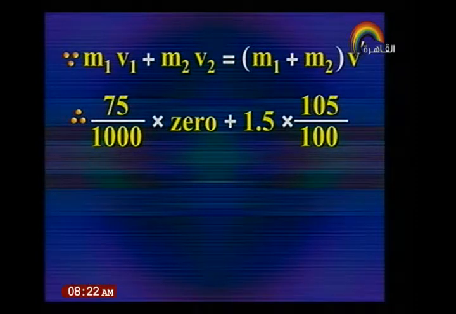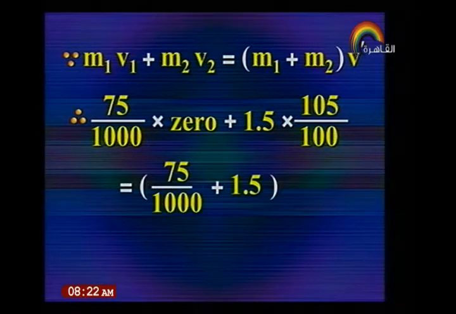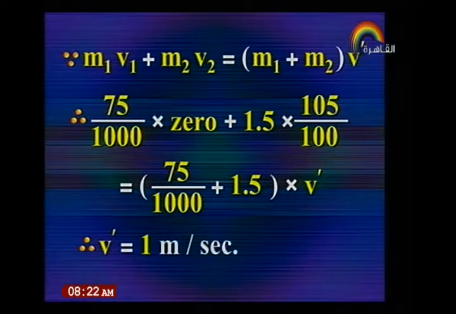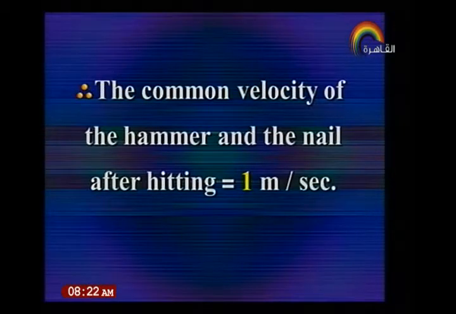M2 equals 1.5 times V2, 105 over 100, equals M1 plus M2 times V dash. What is V dash? It is 1 meter per second. The common velocity of the hammer and the nail after hitting becomes 1 meter per second.